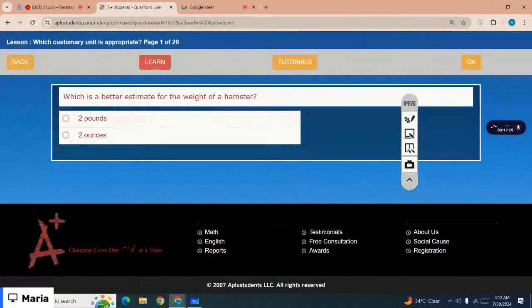Better estimate for the weight of a hamster: 2 pounds or 2 ounces. Which is the correct option?